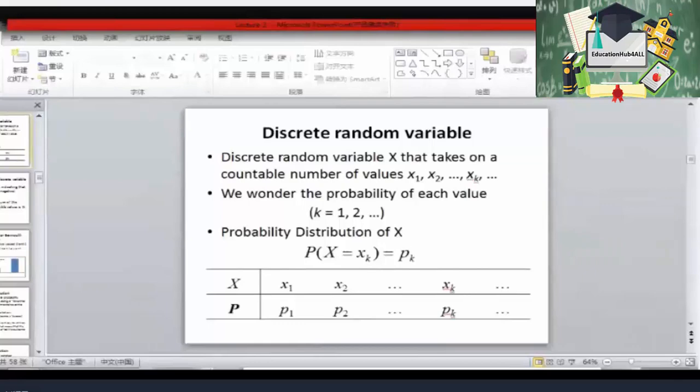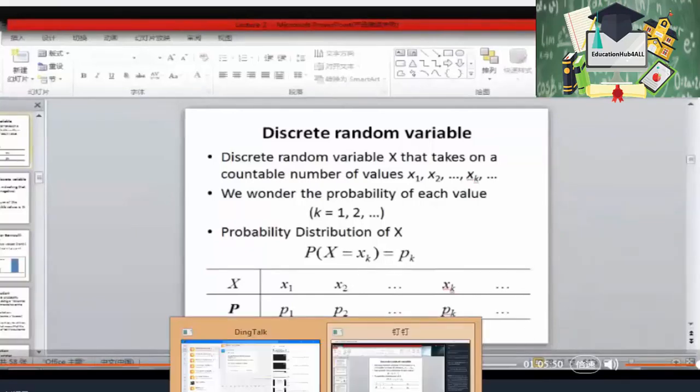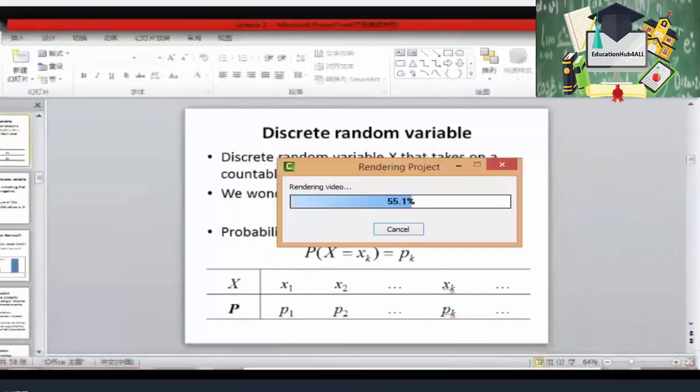So basically, there's a function called the binomial distribution. This is a function in Excel to find any probability value for any binomial distribution.